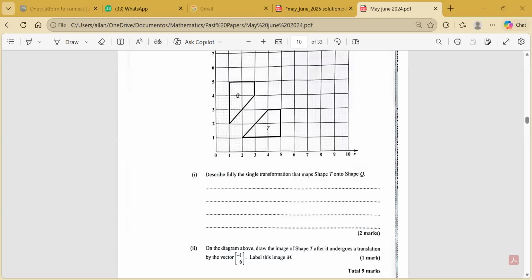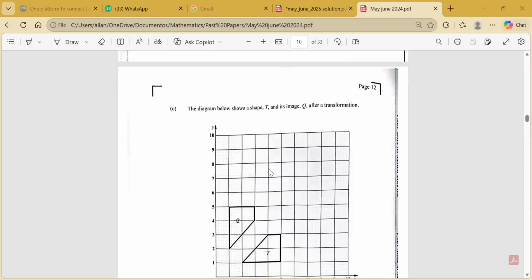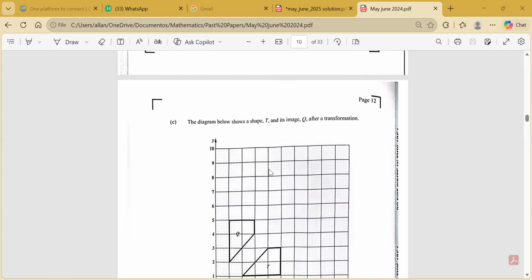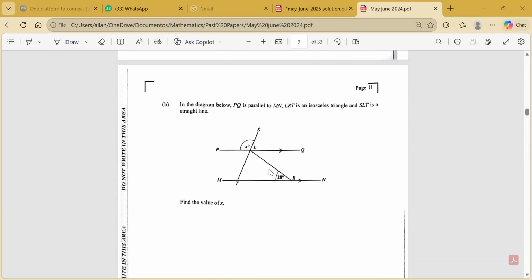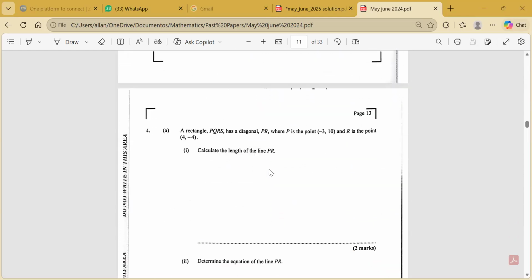Okay, hold on. I don't want to minimize. What I want to do is share. 2024. Right, I think we did. No, we didn't. Yes, we did. This was question 3. We did question 3 already.